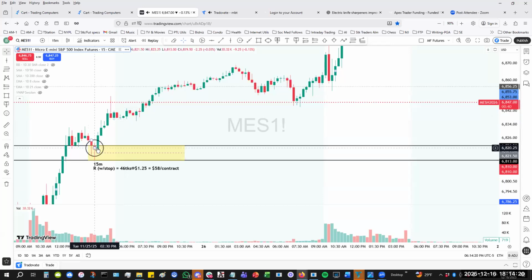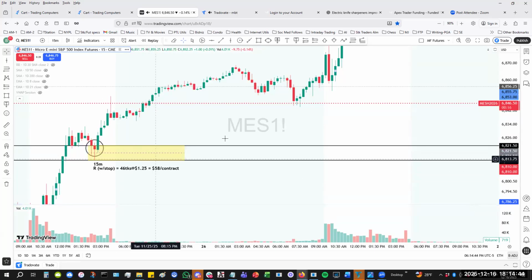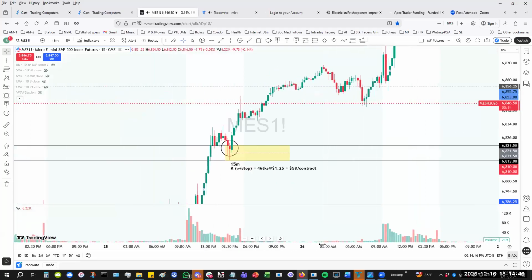Because price was in here for a very, very short amount of time, and there was the presumption that not everybody that wanted to buy had the opportunity to do so, because price left there in a very short amount of time. So when price returns here, we can think of this as untapped buying pressure that we're waiting to take advantage of. That's the foundation of the trade here.